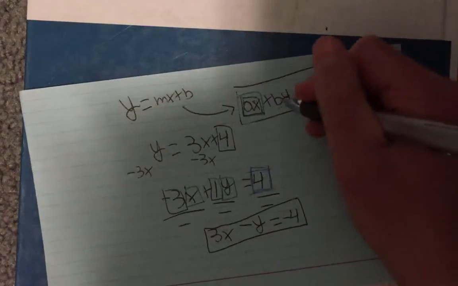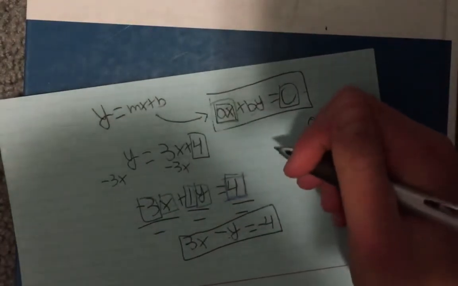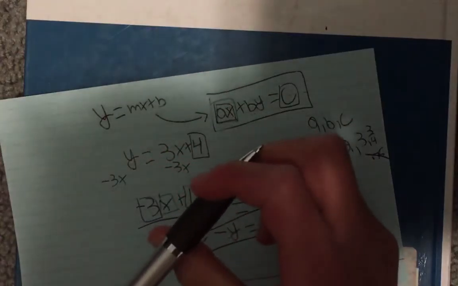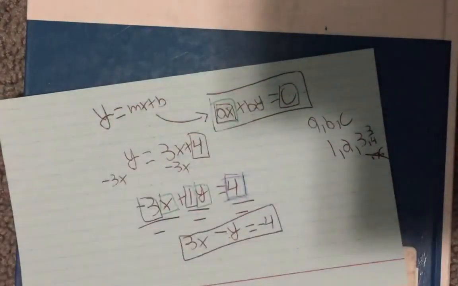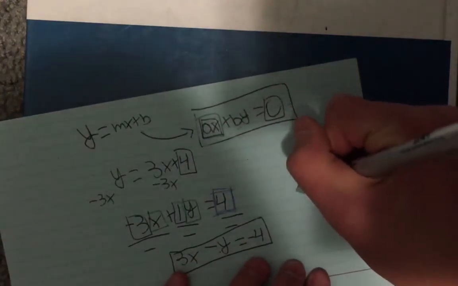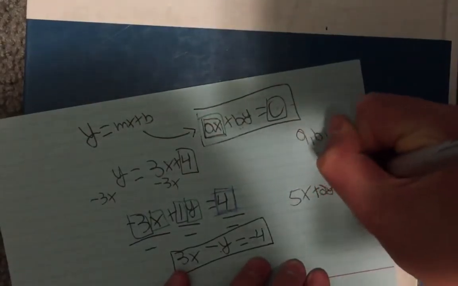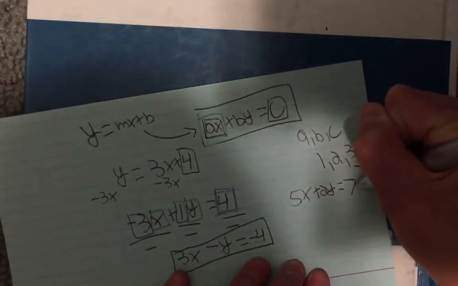So what if we wanted to switch this up? Say they gave us the standard form and they asked us to put it into slope-intercept form. So what we would do is, and then I'll show you a trick after this. So for example, say that it was 5x plus 2y equals 7.